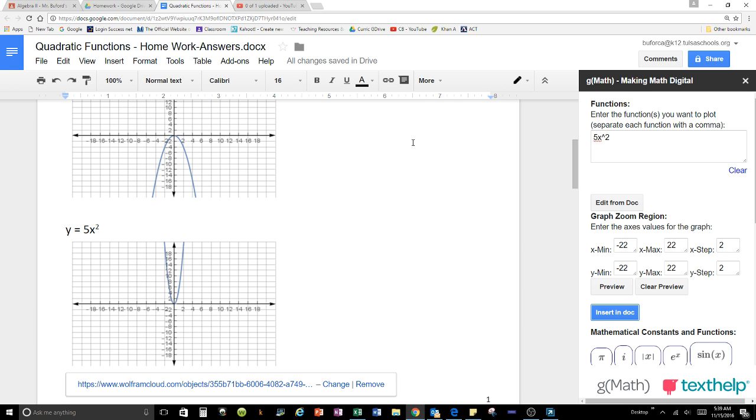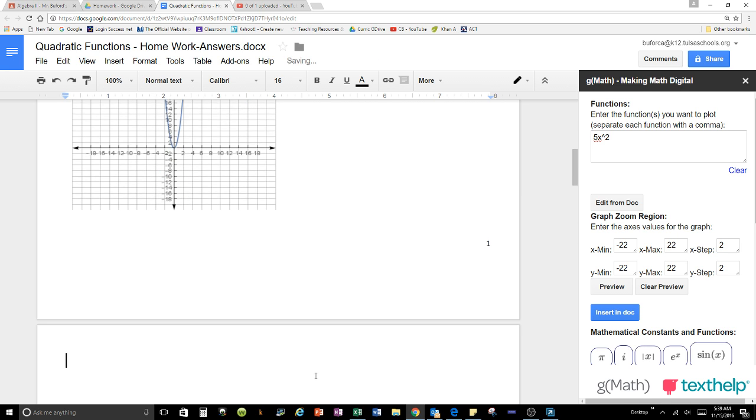And we'll see that as we do some more charts. That's actually the purpose of this homework, is to actually show you how the parabola changes for different values of a, or different values of h and k.